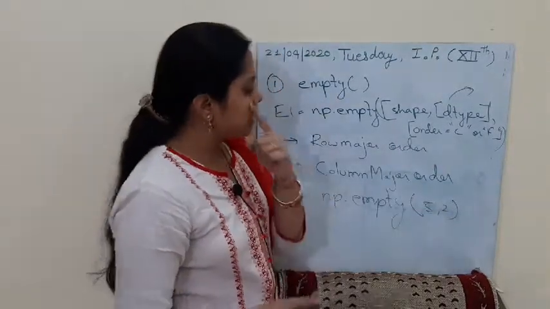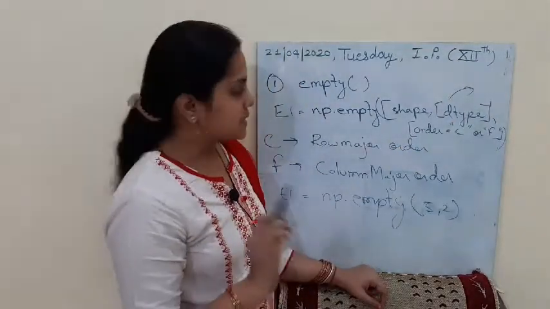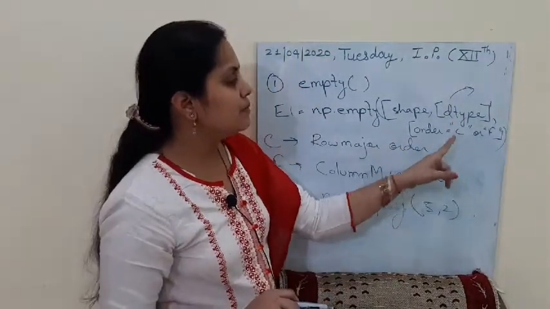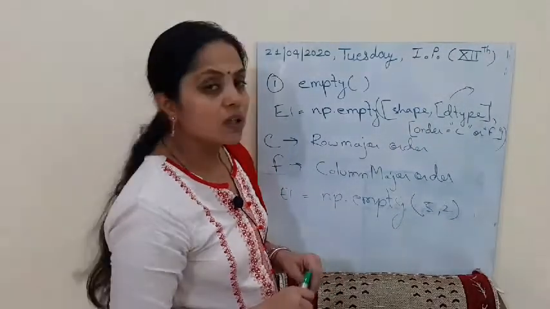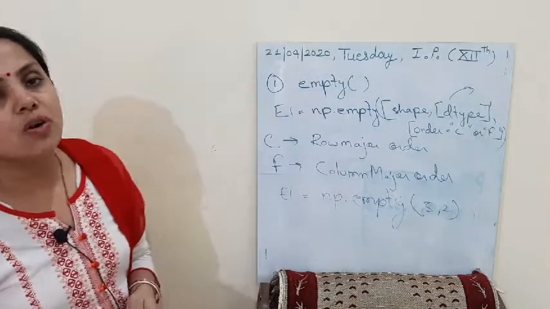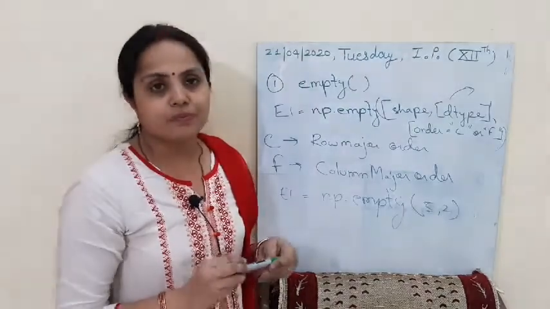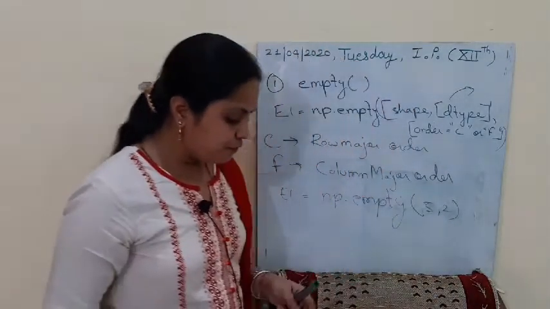Now why float? Because float is the default data type for arrays and C will be the default type for your orders. That means if you don't give anything, the data will be stored in the row major order. Is it clear? I hope this will be enough for this.